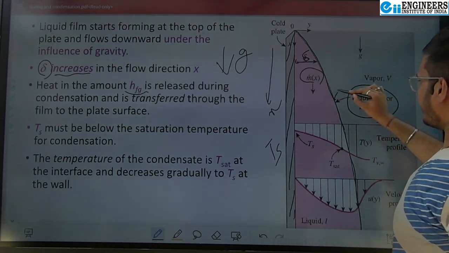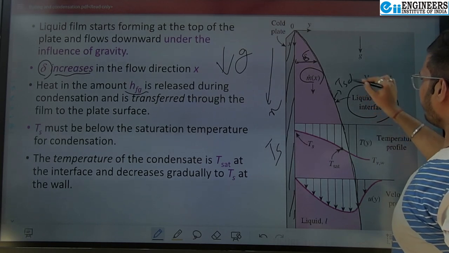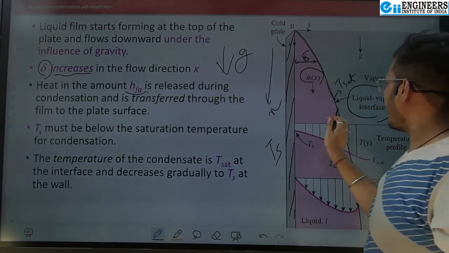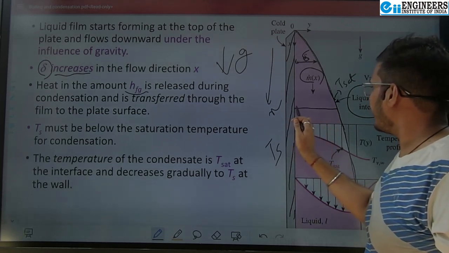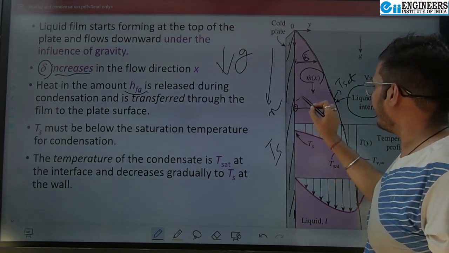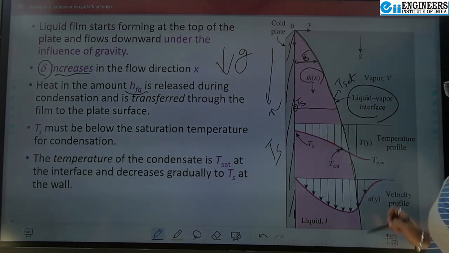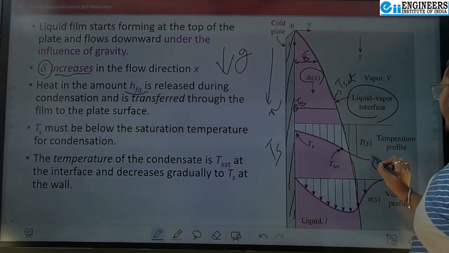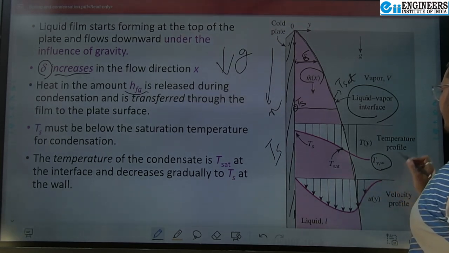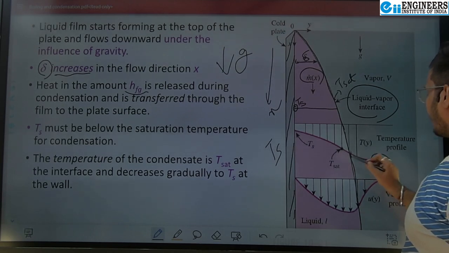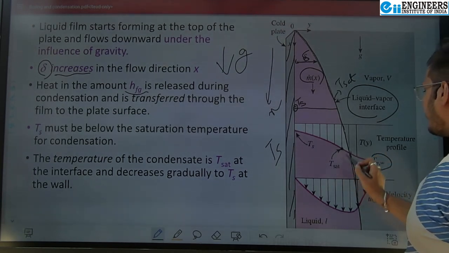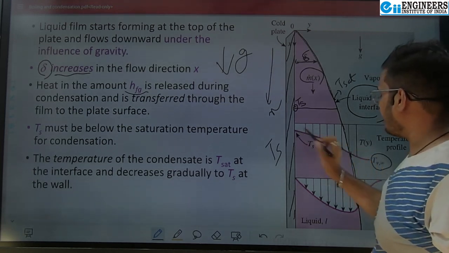So the temperature at the interface will be T saturation, but gradually as the film comes down to the plate, the liquid film temperature will be T surface. Suppose T_v infinity is the temperature of the vapor; then at the interface the temperature will be Tsat, and then gradually the temperature will decrease to Ts.